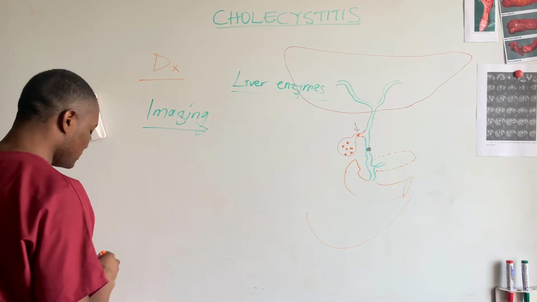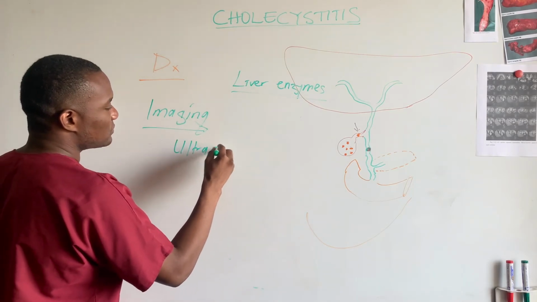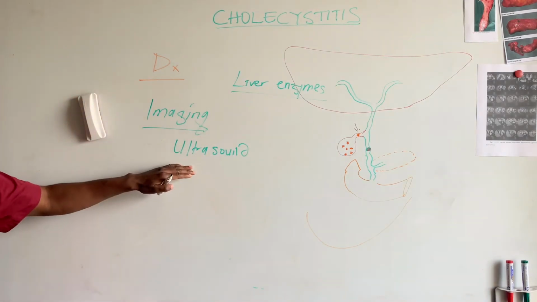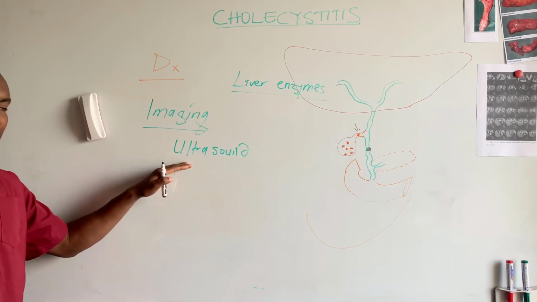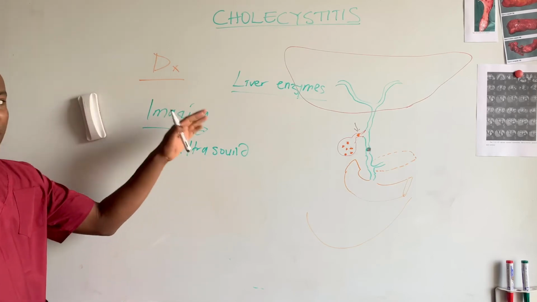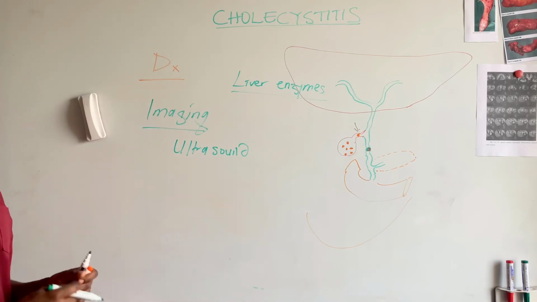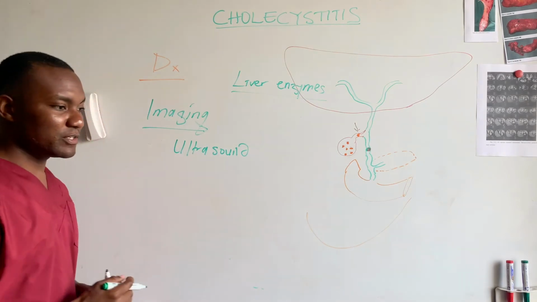So, abdominal ultrasound. Abdominal ultrasound is easily and readily available in all hospitals. It is very specific for cholecystitis, and you will get the result in the least possible time, in a matter of minutes. So what are you going to look out for in abdominal ultrasound?